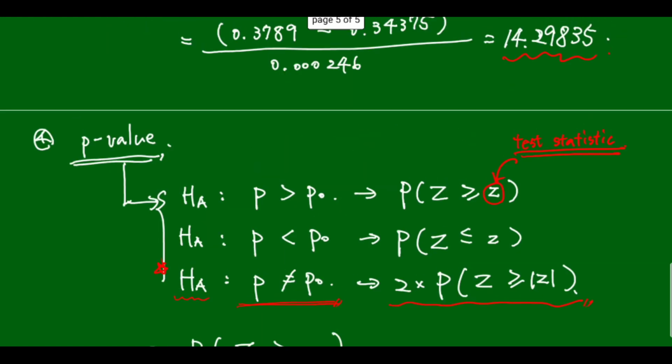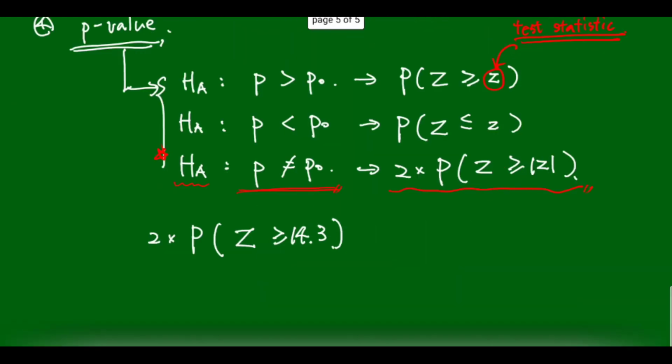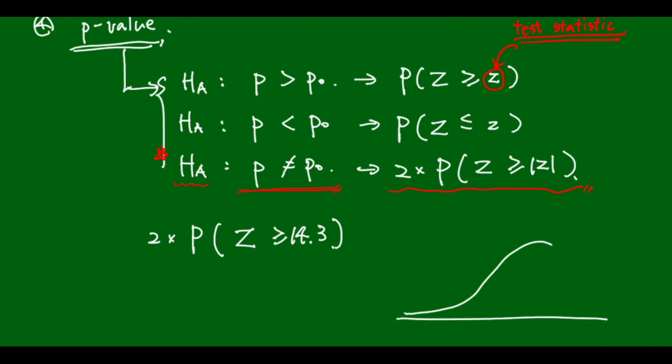When we think about the standard normal distribution, it's a symmetrical distribution centered at 0, and one standard deviation is 1. So 14 is way far away from the center.